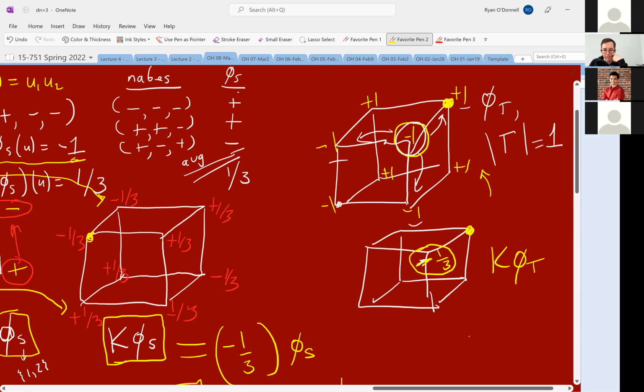I think for this kind of phi t, 1/3 is an eigenvalue. We'll get an eigenvalue of k with eigenvector this phi t, where t has cardinality 1. Does that make sense?